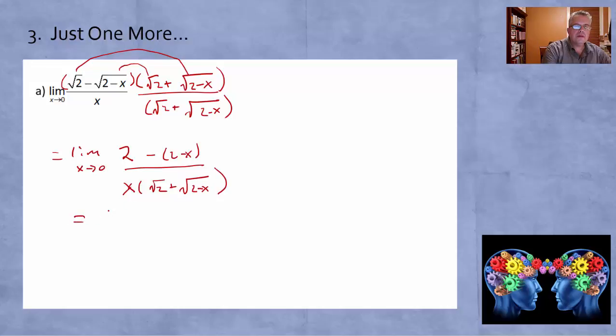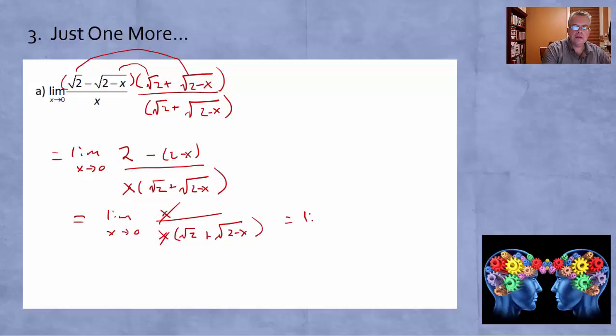Okay, simplify, and hopefully we're almost done. 2 minus 2 is 0, minus and minus x is x. Oh, I see what's going to cancel now. Square root of 2 plus square root of 2 minus x. Those cancel.